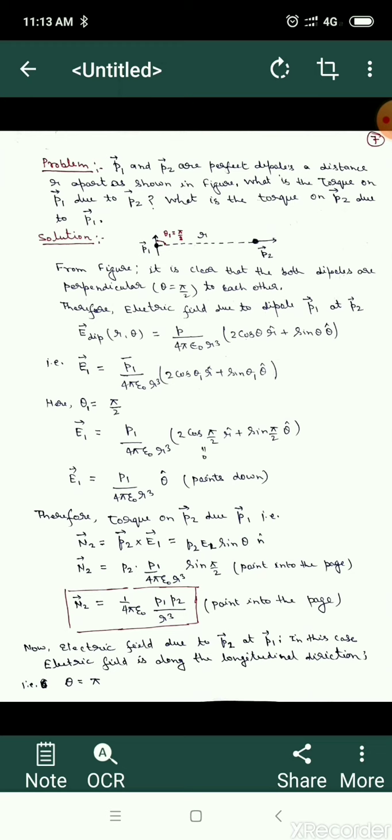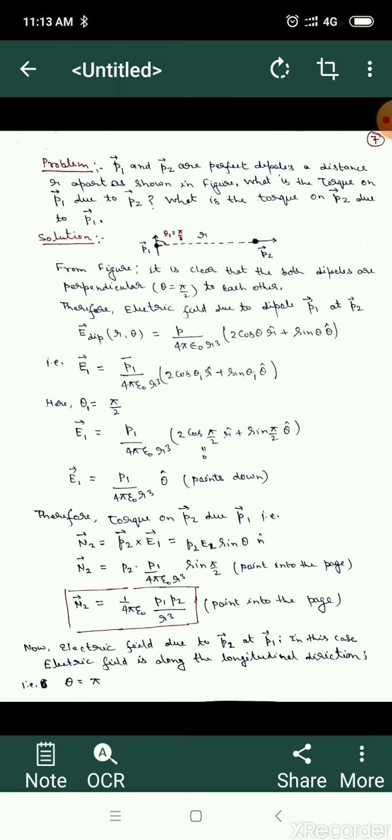Here in the present case we have to calculate the electric field due to P1 at P2. We are calling this electric field E1, that is P1 upon 4 pi epsilon 0 r cube, 2 cos theta 1 r unit vector plus sin theta 1 theta unit vector.